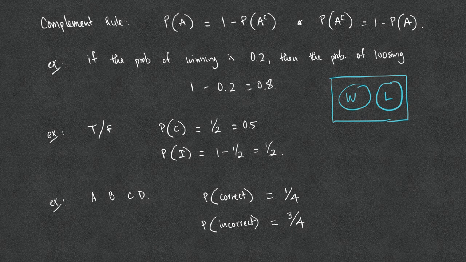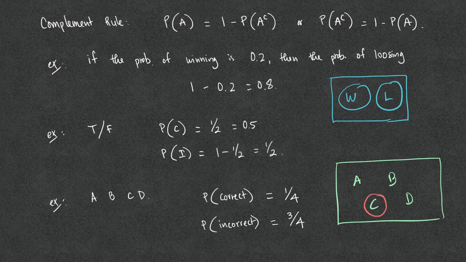And again, in this case, we assume that the sample space consists of all of the possible answers, A, B, C, D, but only one of these is the correct answer. Suppose C is the correct answer, then the incorrect answer has to be A, B, or D. The probability of the correct answer is 1 minus the probability of the incorrect answer, which consists of 3 options out of 4.